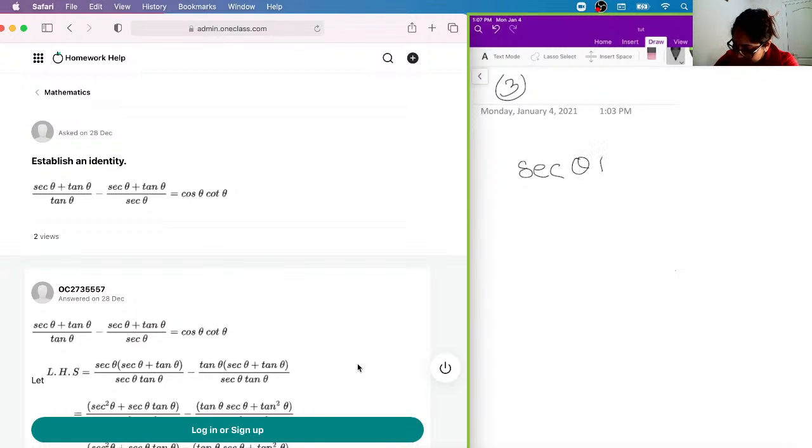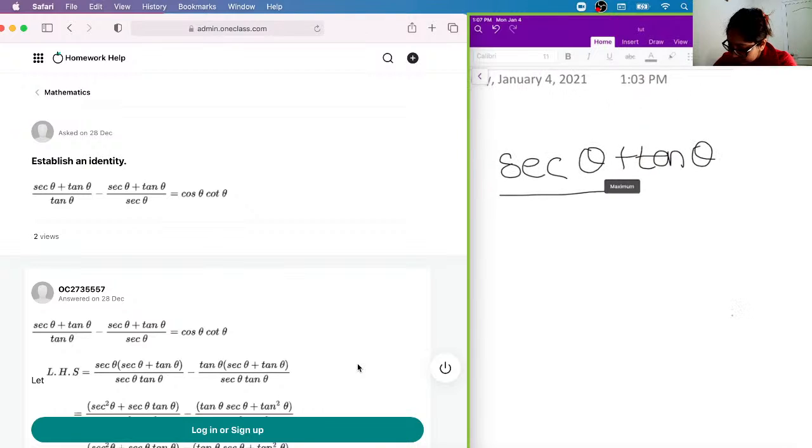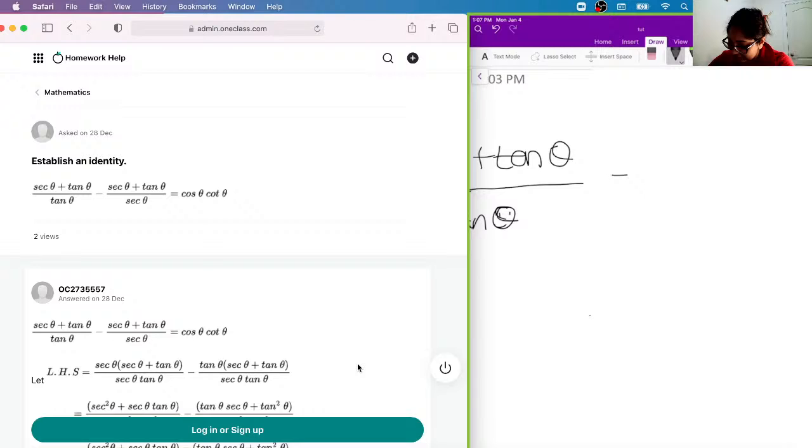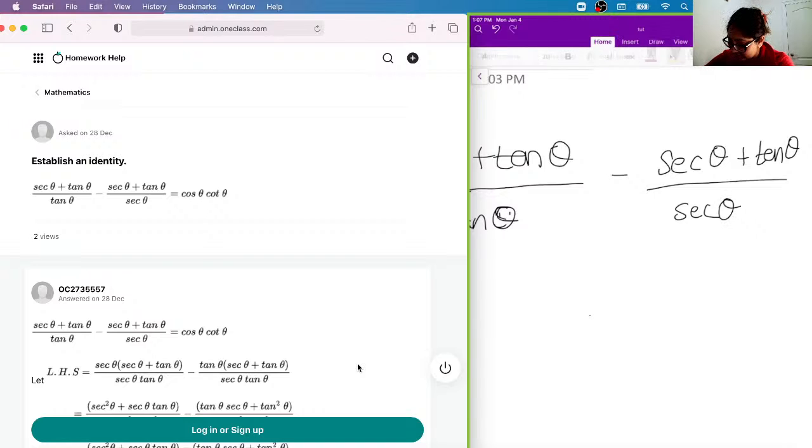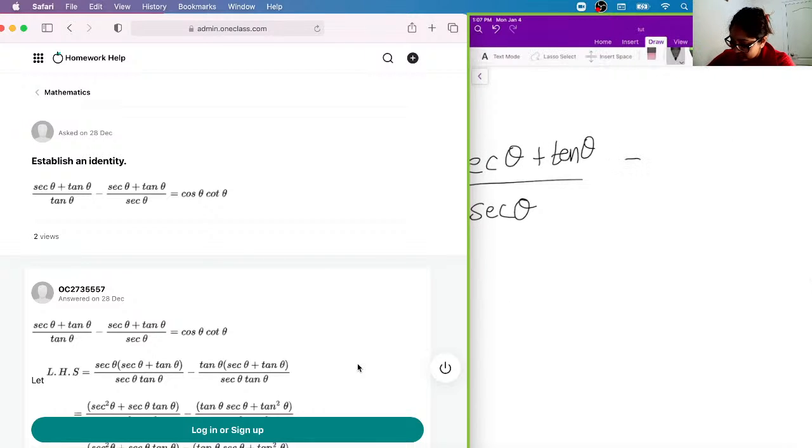Sec theta plus tan theta over tan theta, minus secant theta plus tan theta over secant theta, and this is equal to cos theta times cotangent theta, right?